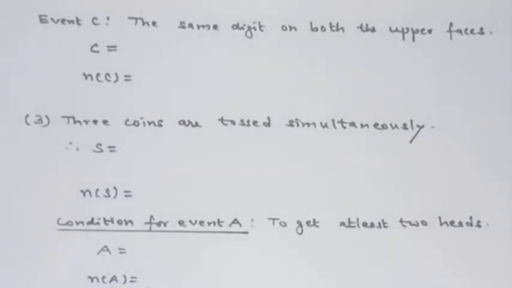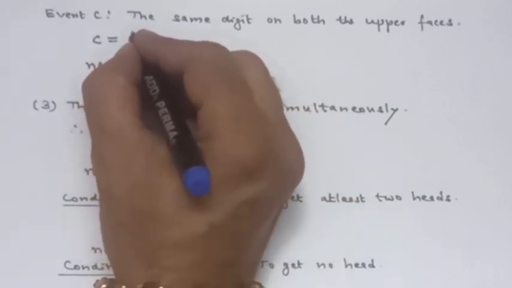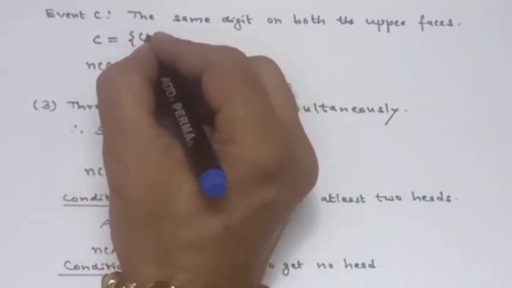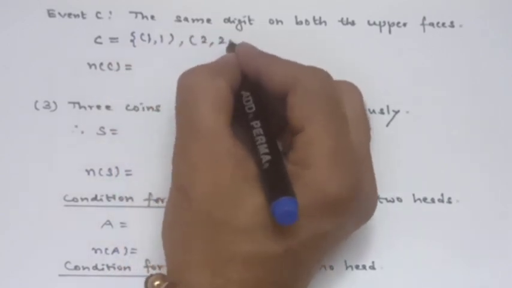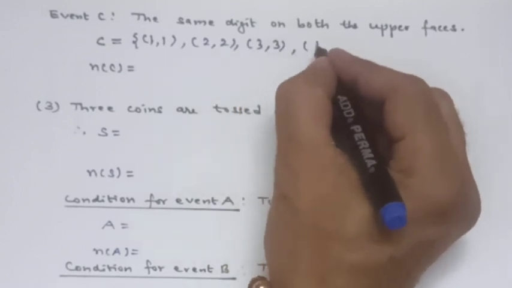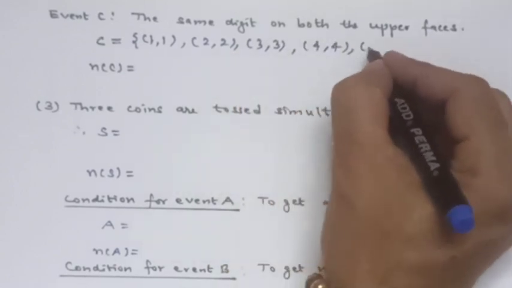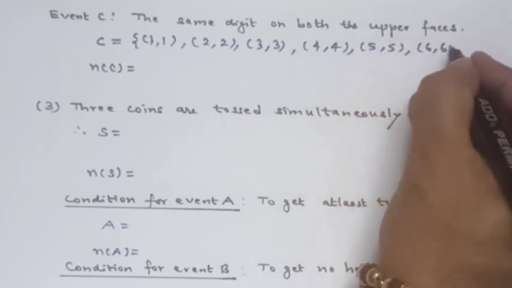Event C. The same digit on the upper faces. Here what you can have: if you take 1, the other may also be 1; 2 and 2, 3 and 3, 4 and 4, 5 and 5, 6 and 6.